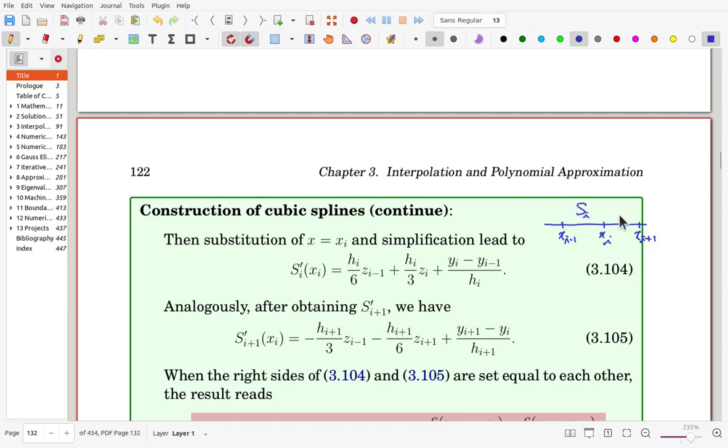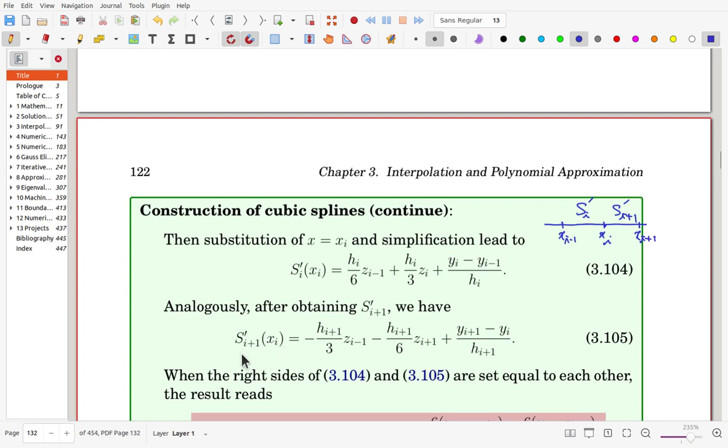Si is defined here, and Si+1 is defined here, and its derivative also. So Si prime at xi must be the same as Si+1 prime at xi. At this point, the derivative of this function and the derivative of that function must be the same. So we have to evaluate Si+1 prime at xi.